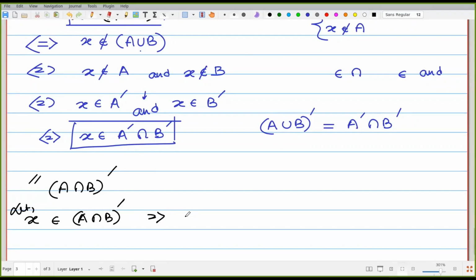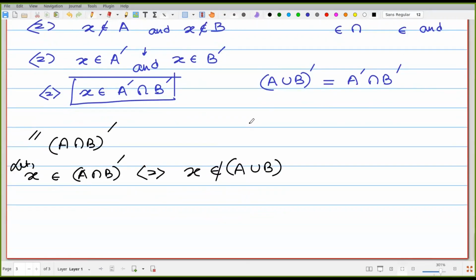So we may write it as x does not belong to A intersection B. That one is wrong, sorry, that must be intersection. Okay. Now in the case of intersection and not belongs to, that must be OR. Not belongs to intersection, so not belongs to OR.